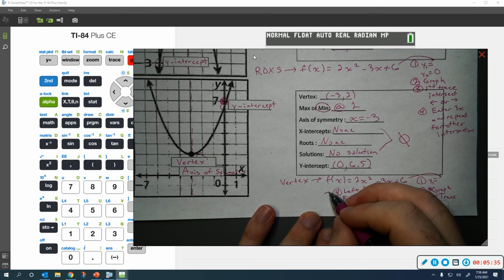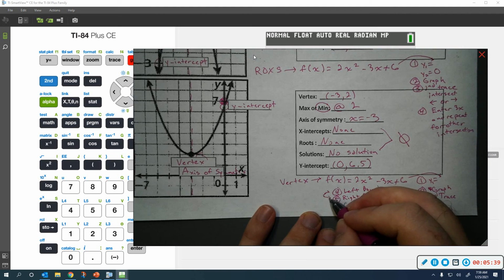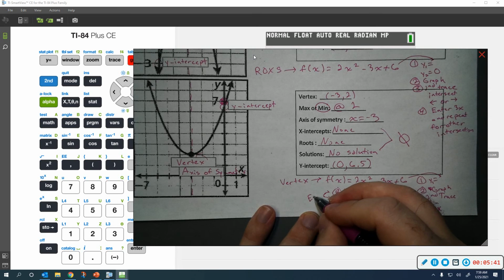And make sure on both of these, after you have them set, you push enter on both the left bound and right bound.